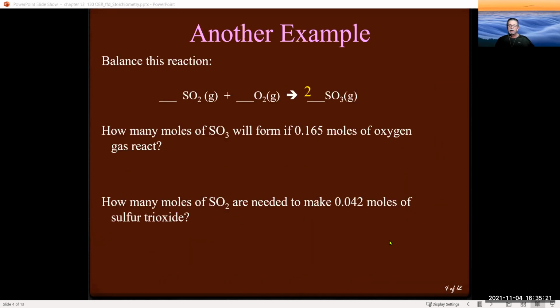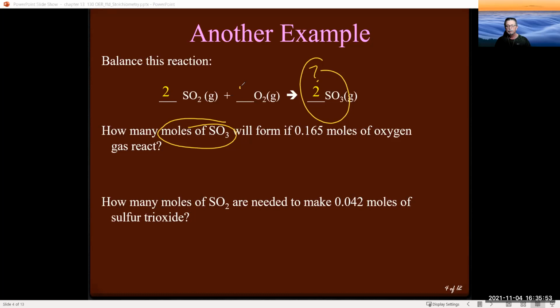Okay, all right, let's do one more. We first have to balance it, so we need 2 sulfur dioxides plus 1 oxygen reacts to give us 2 sulfur trioxide. All right, first question: how many moles of sulfur trioxide will form if you have 0.165 moles of oxygen?